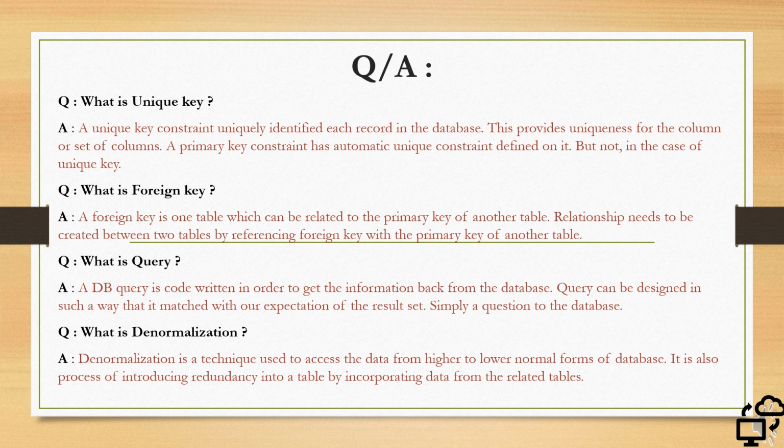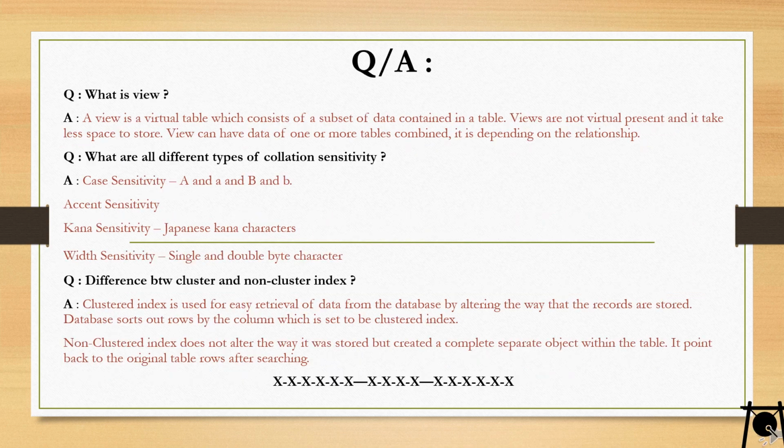What is denormalization? Denormalization is a technique used to access the data from higher to lower normal forms of database. It is also a process of introducing redundancy into a table by incorporating data from the related tables. What is a view? A view is a virtual table which consists of a subset of data contained in a table.